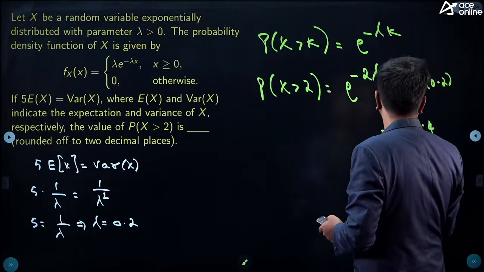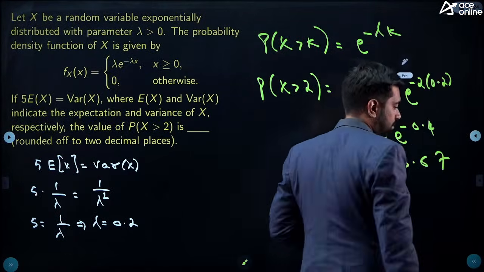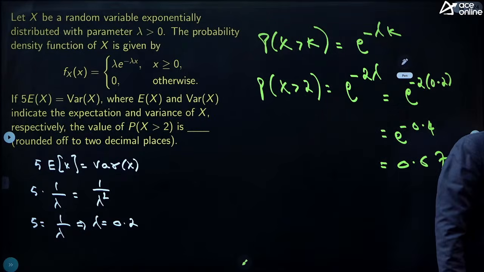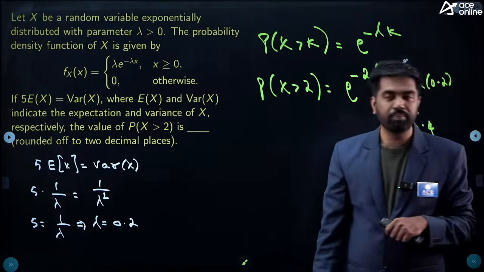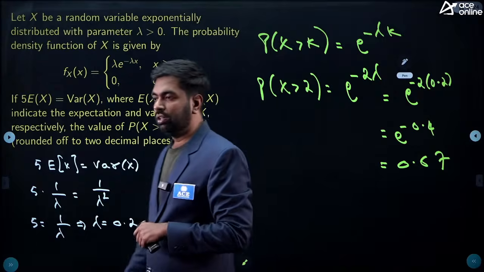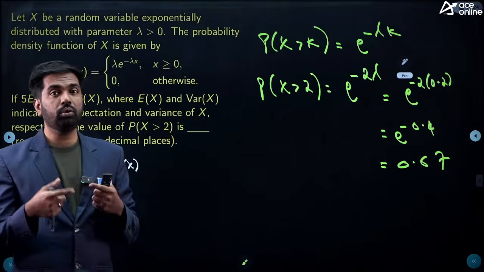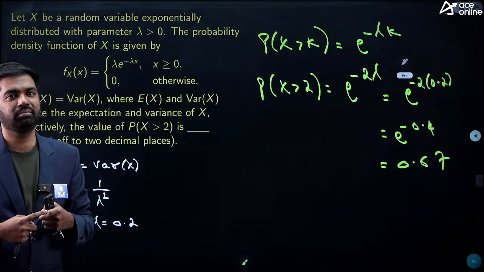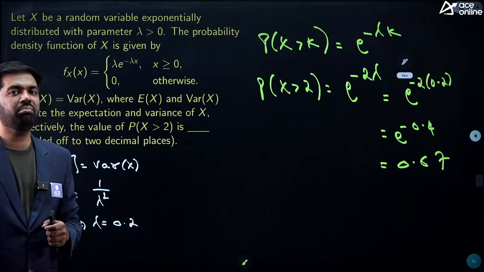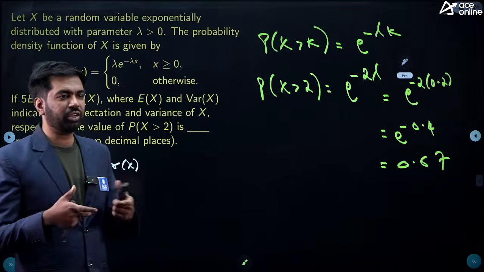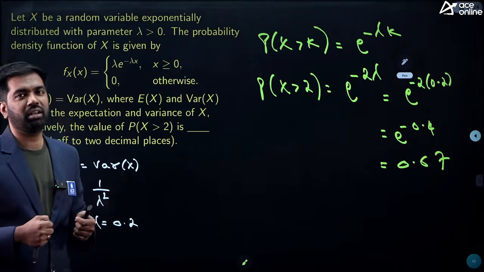Did anyone get this kind of value, 0.67? Anyone? Bhaskar, Lakshmi, Shiva, they have replied 0.67, and I have also got this. So through this, you are also using virtual calculator. Those who are not practicing virtual calculator, for them in the GATE 2026, the actual exam, it would be a nightmare.